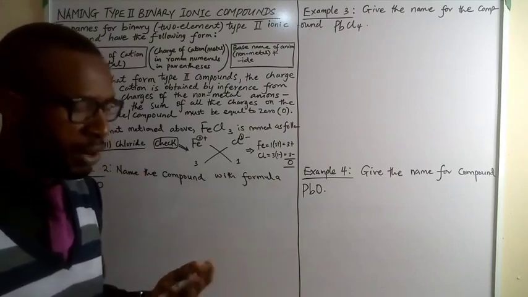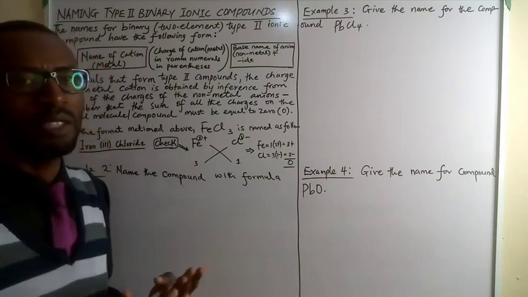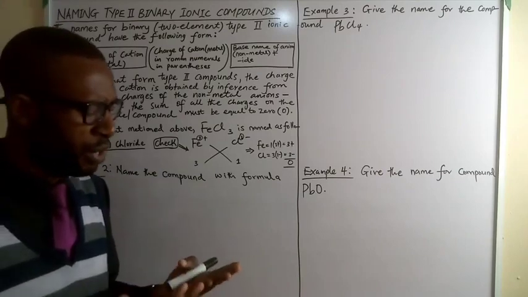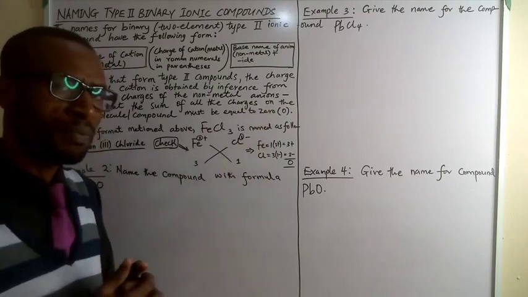Remember, for a neutral compound, we expect the cation charge and the anionic charges to cancel out, so the total charge is 0.